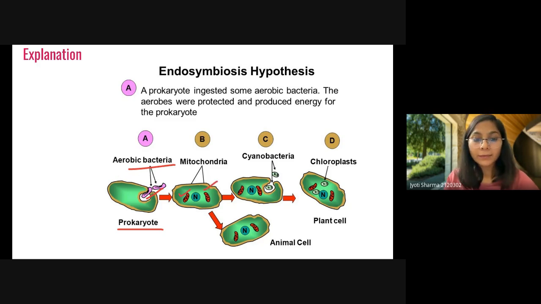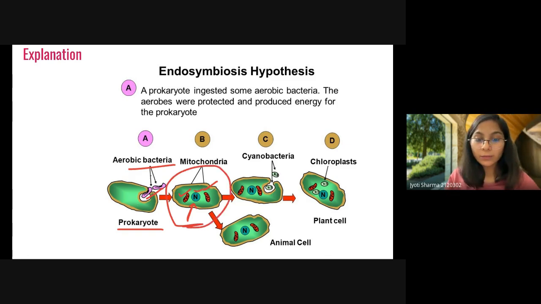Because this aerobic bacteria already had DNA, this prokaryotic cell will have genetic material different from the genetic material that has entered using this aerobic bacteria. So that's why this cell has two genetic materials.